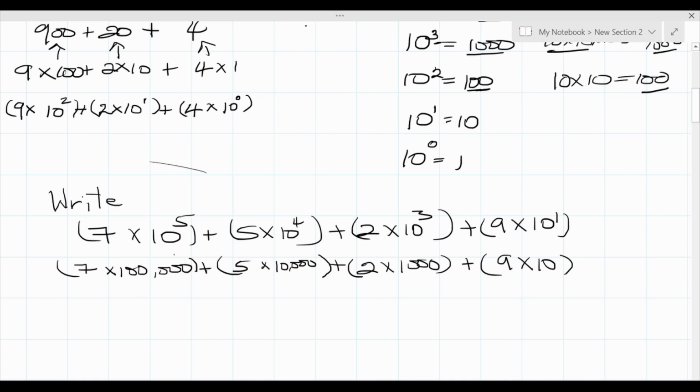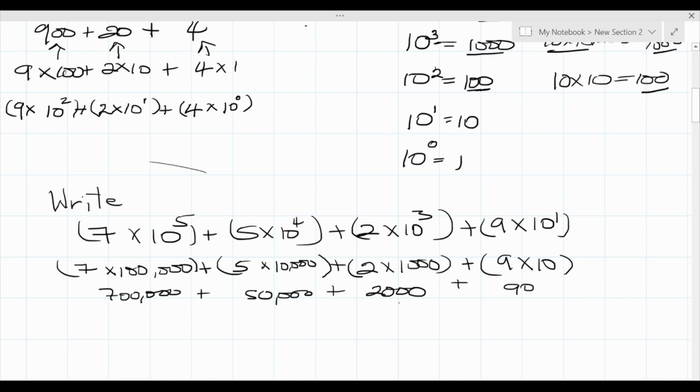Let's go with this then. So this is really 700,000. Let's write this. 700,000 plus 50,000 plus 2 times 1,000 is what again? Oh, yes, 2,000 plus 9 times 10 is 90.